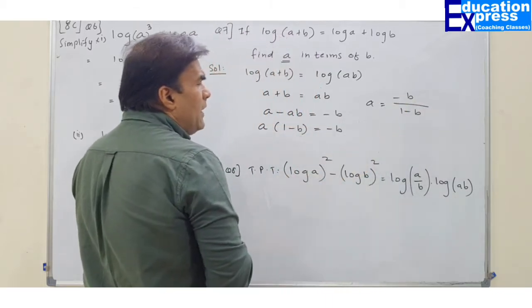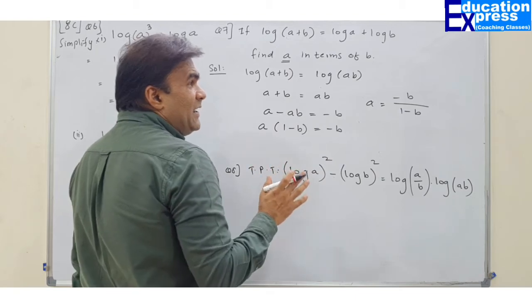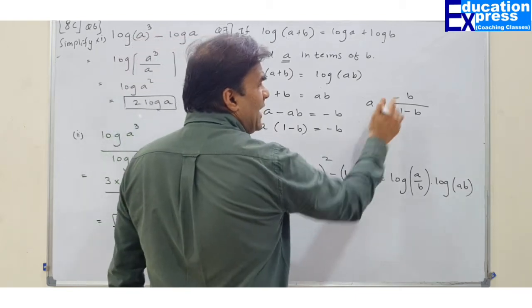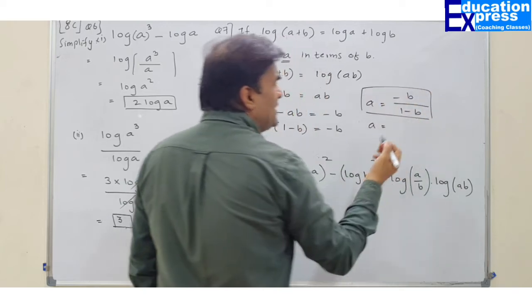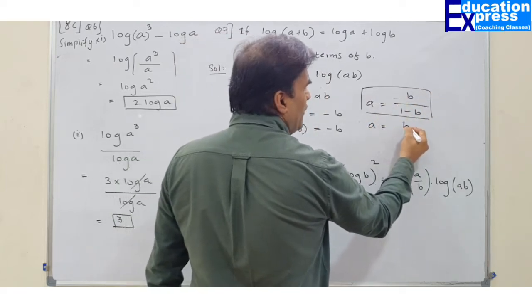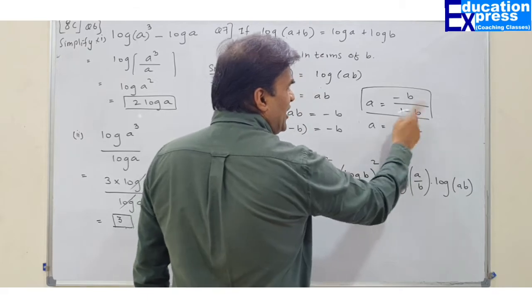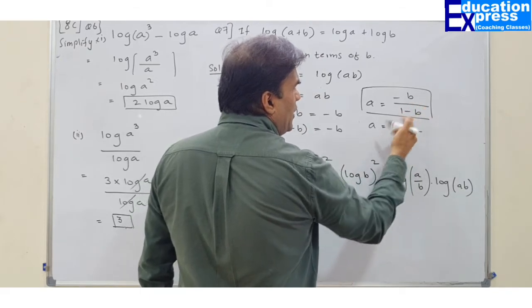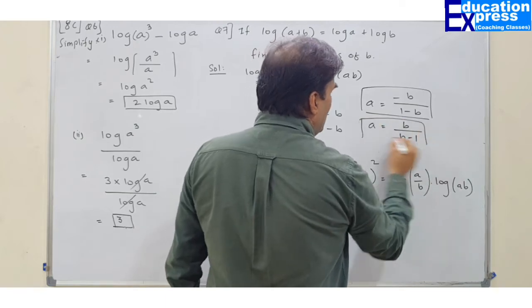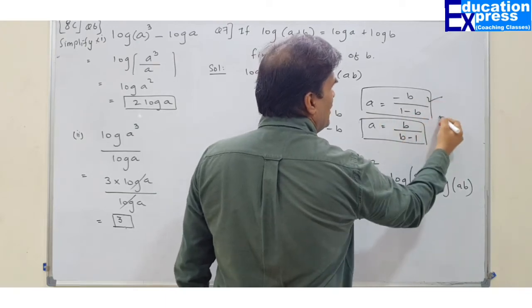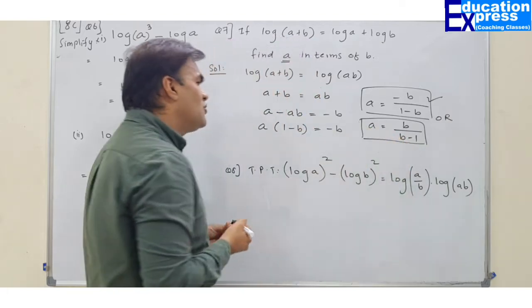Absolutely perfect. Now, this is your final answer. But in case you want to remove this negative sign, you can do so by flipping them. That means 1 minus b will become b minus 1. So either you can write this as your answer or else you can write this as your answer.